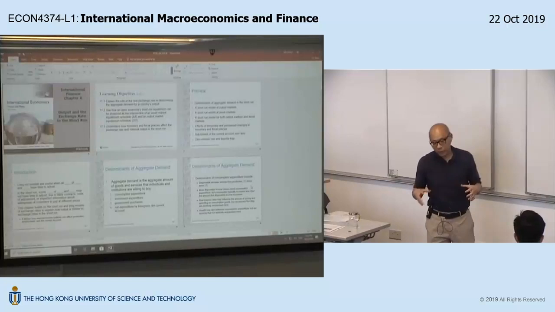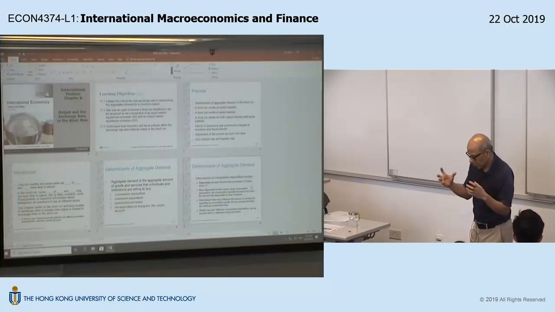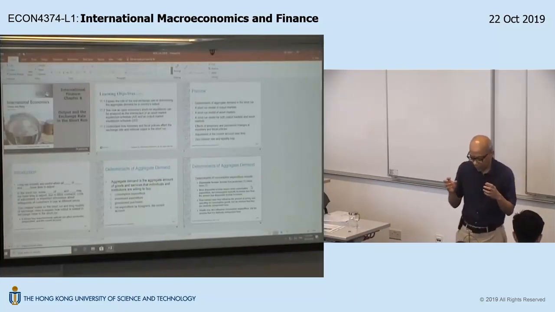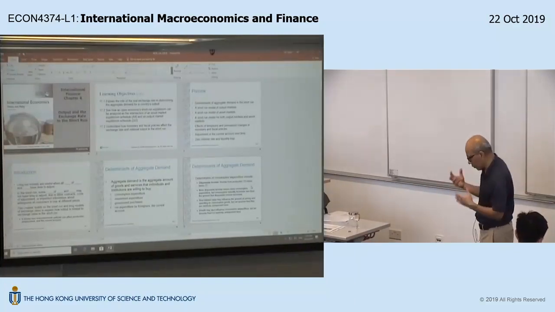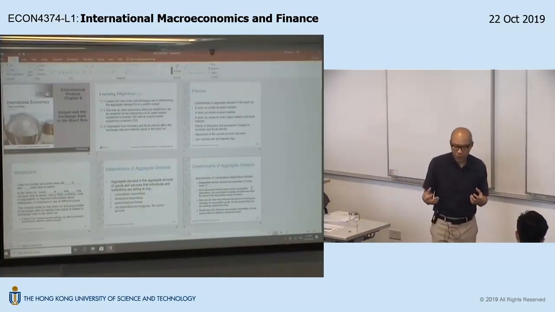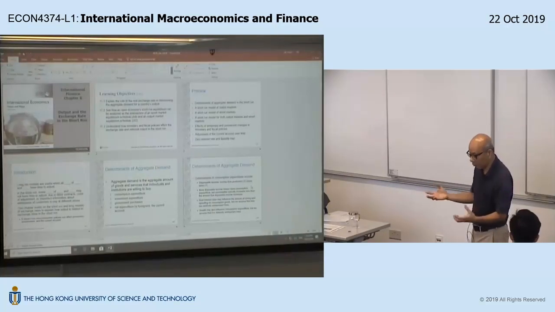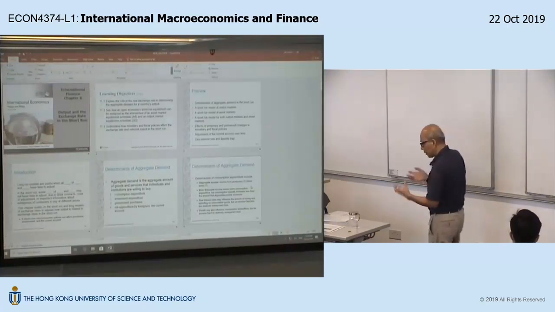Now, in the last chapter, we spent a lot of time trying to understand what determines the exchange rate in the long run. So the exchange rate in the long run will pin down the E^e. Okay, so basically the long run exchange rate is just the E^e.